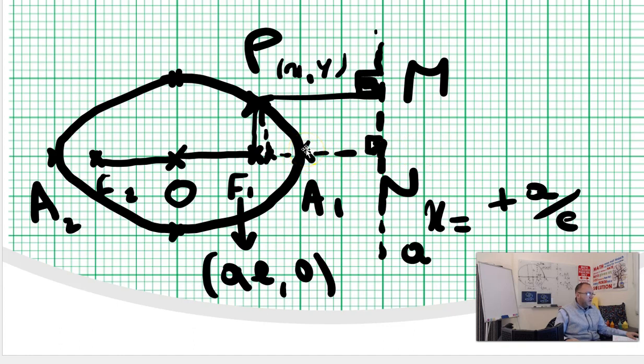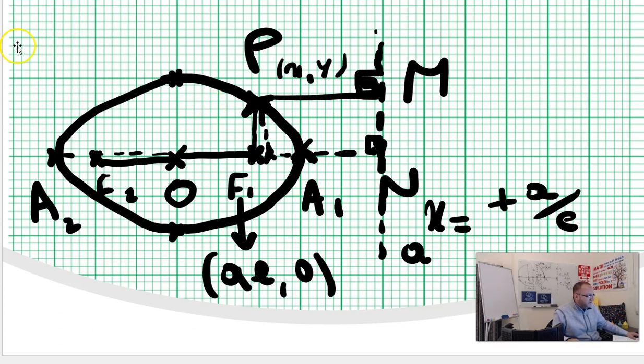So A1, and we can also say when P becomes here, the other distance becomes what? The other distance becomes A2F1, with respect to this focus point right here, A2F1 divided by A2N, this whole thing here, when this point P is on top of A1.